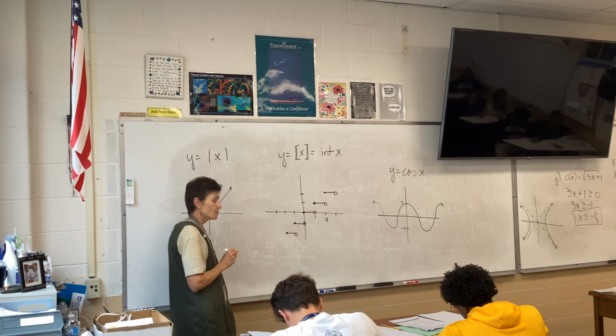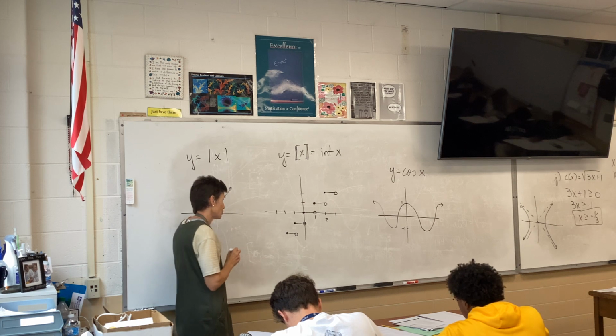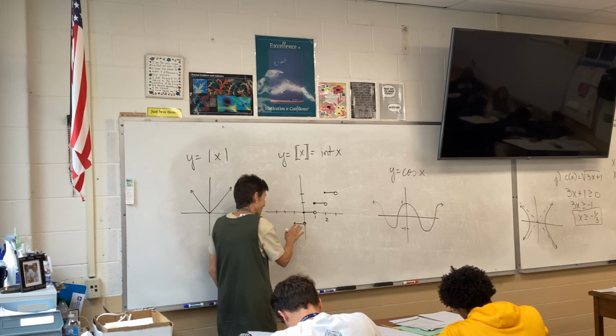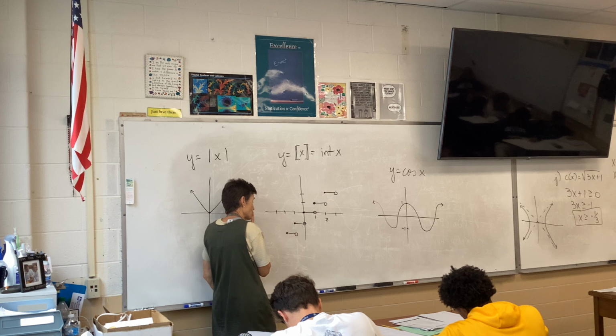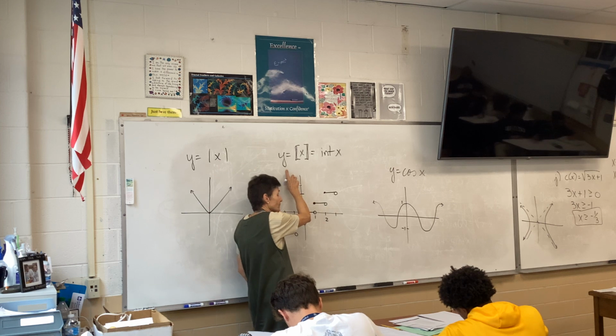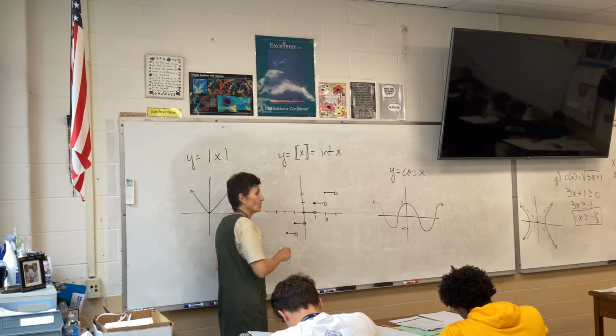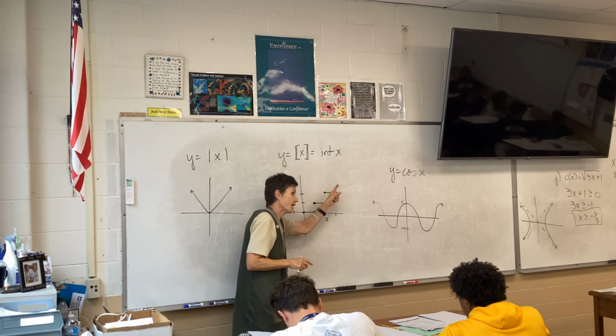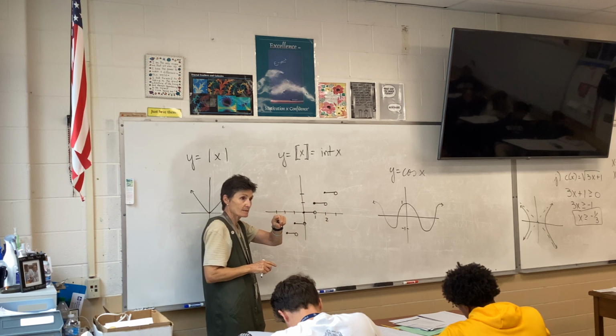Now, the greatest integer function looks like this because, I think you may have talked about these last year. The greatest integer function says that y is the integer closest to x, but not bigger than x.